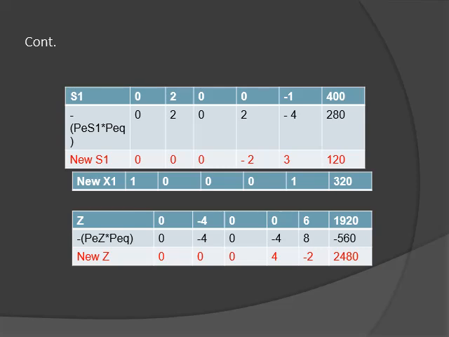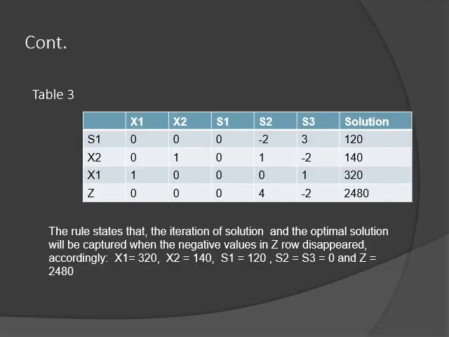Let's move to the third table and see if the iteration of the solution is finished. Okay, this is table 3. It seems to be the last table of iteration.